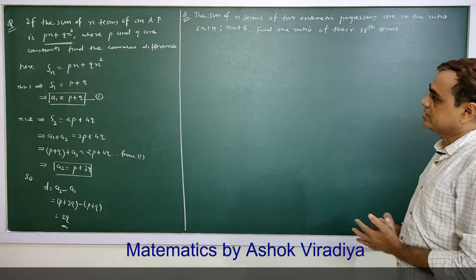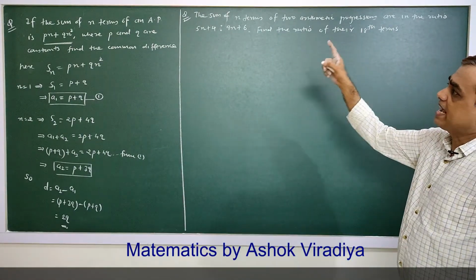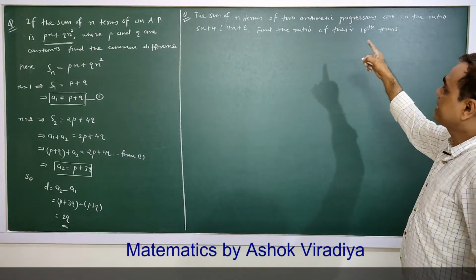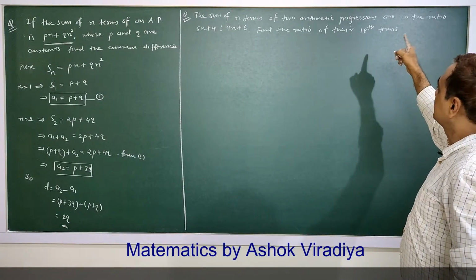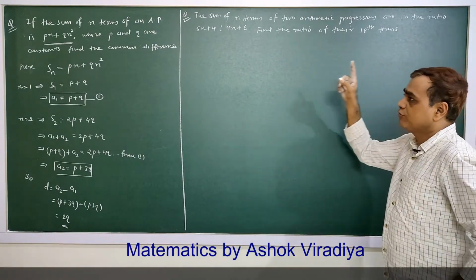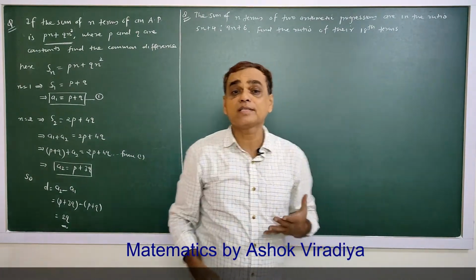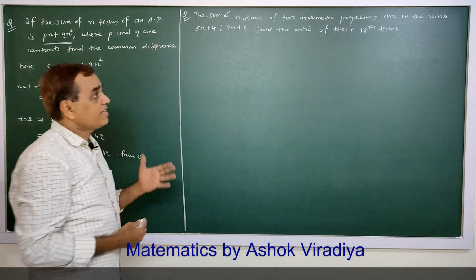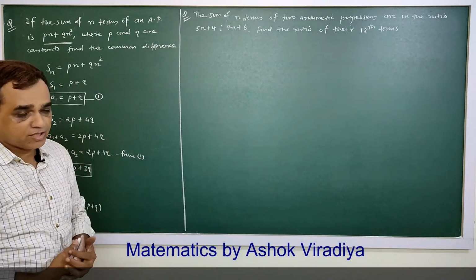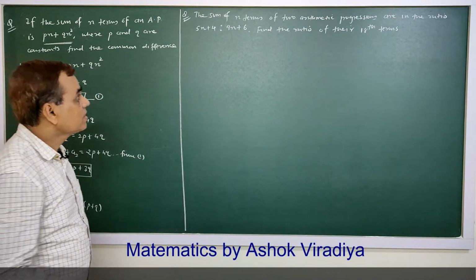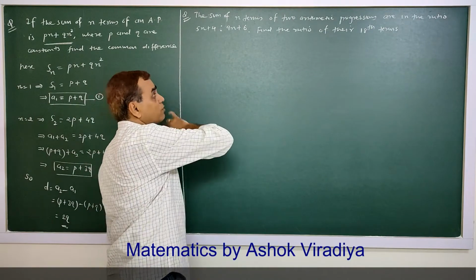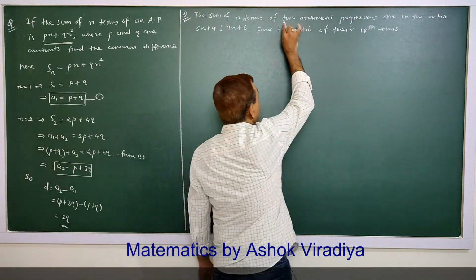Now in this question, sum of n terms of two arithmetic progressions are in the ratio 5n plus 4 to 9n plus 6. Find ratio of their 18th terms. Here this is the question about two arithmetic progressions.